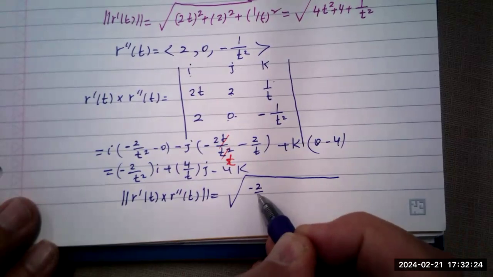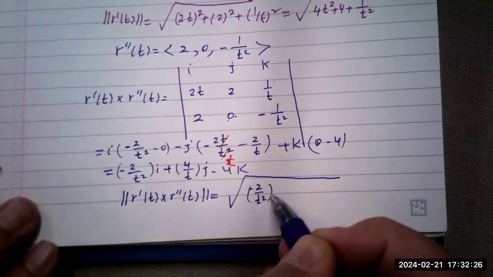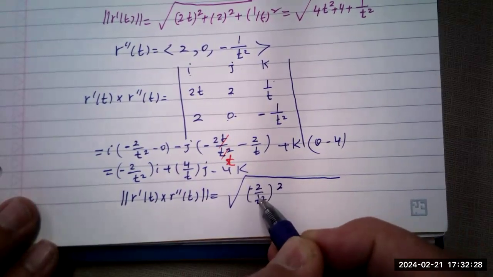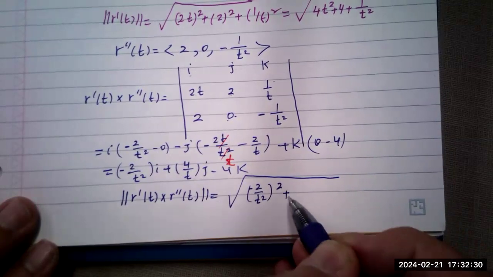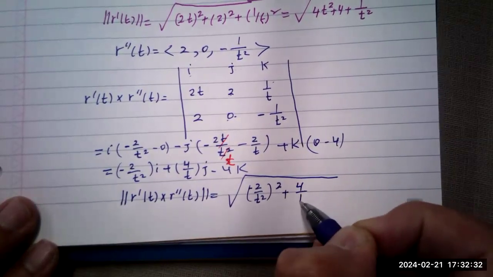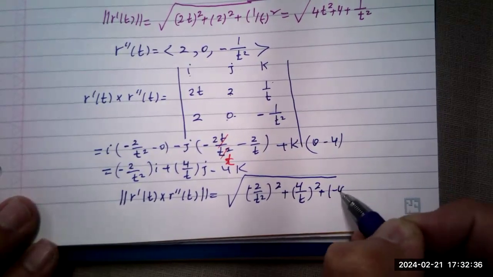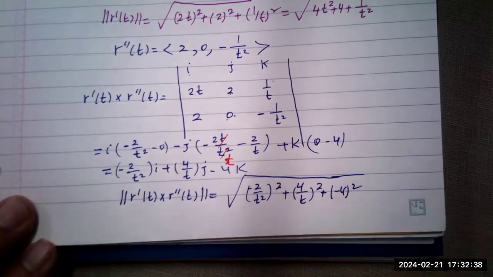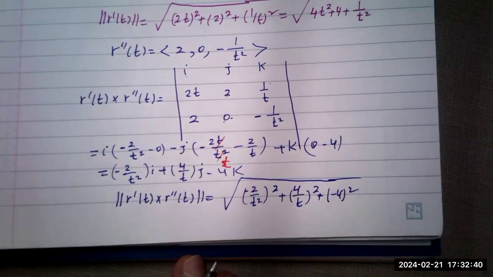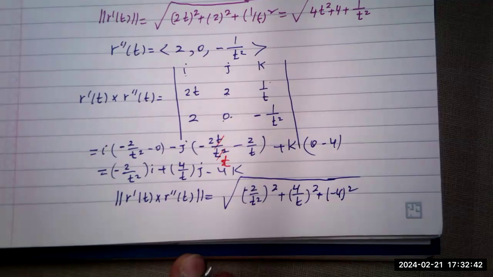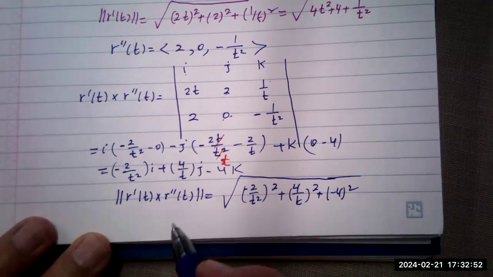Okay, negative 2 over t squared, plus 4 over t squared, and negative 4. When it's not going to be a number, it's not fun really. Sometimes they ask for t equal to 1, t equal to 2, that makes better sense, but this is it. So square it and go back, substitute to get the final answer.